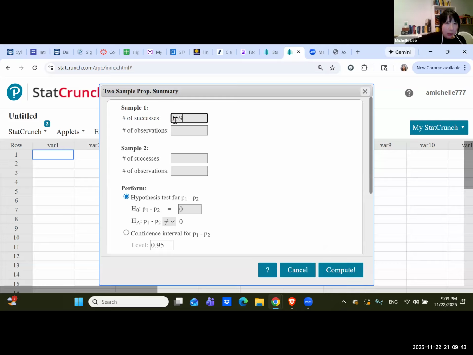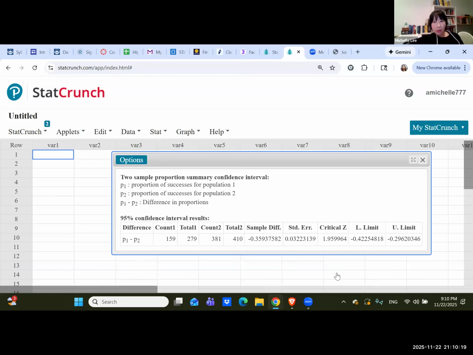And then instead of a hypothesis test, we click confidence interval, right? Okay, so now the level of confidence is 95, and then the critical value I can show you. Critical value, compute. All right, so that is the critical value 1.96 for the 95% confidence interval, right?